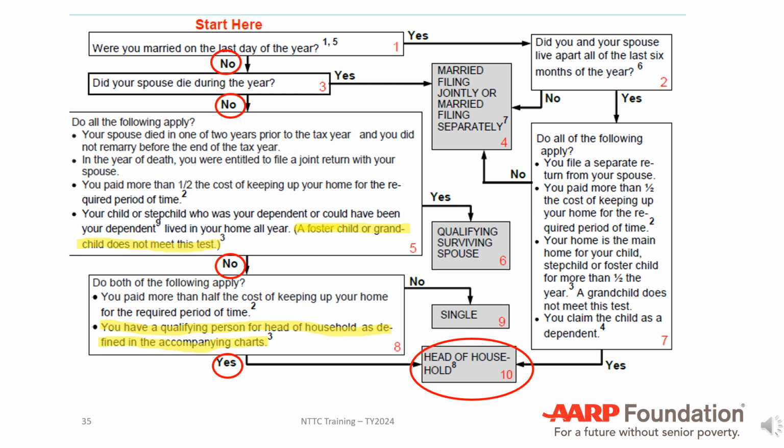So here you have to leave the filing status decision tree, and you have to go to the qualifying child, qualifying relative charts, and you have to use those decision trees to establish that bullet number 2 also applies. Since it does, that means head of household is the filing status that she would use for the following year.